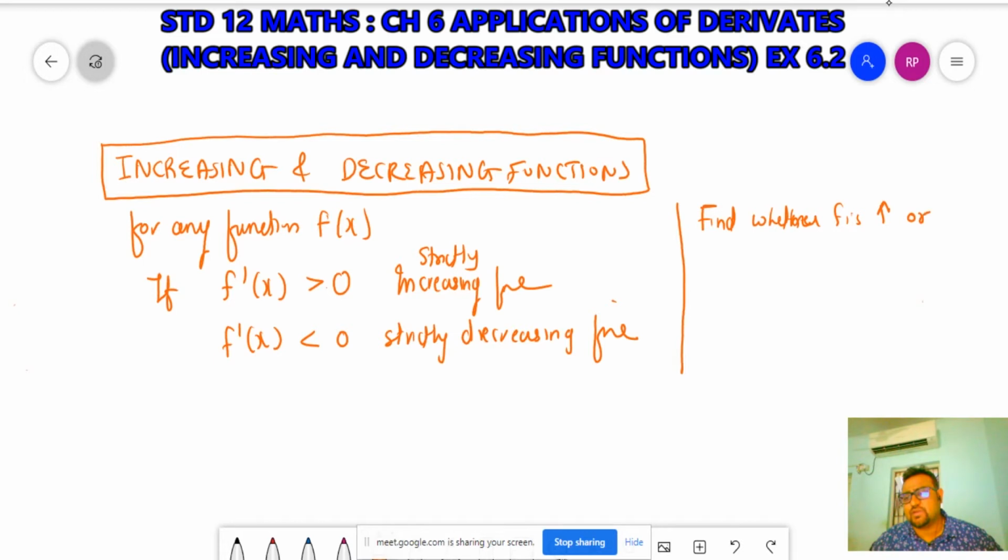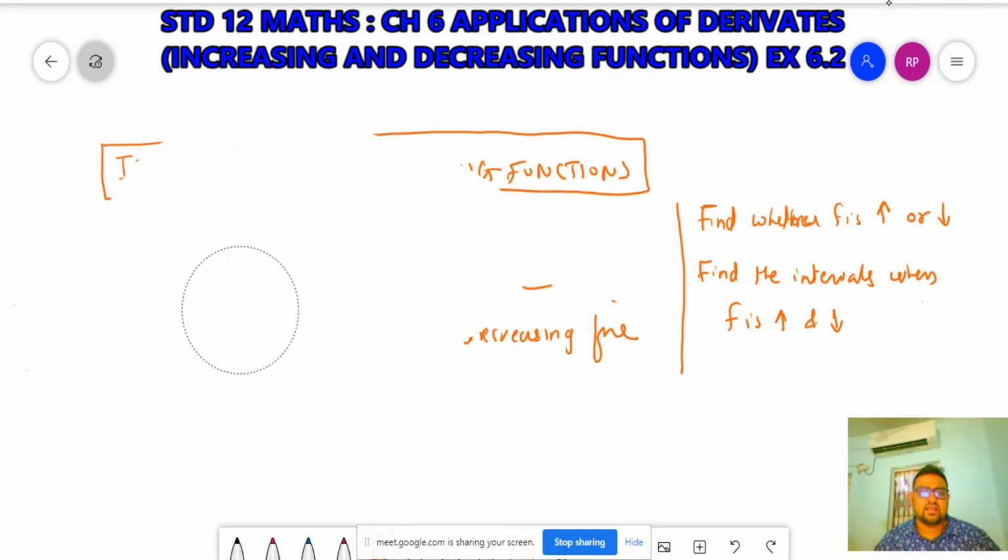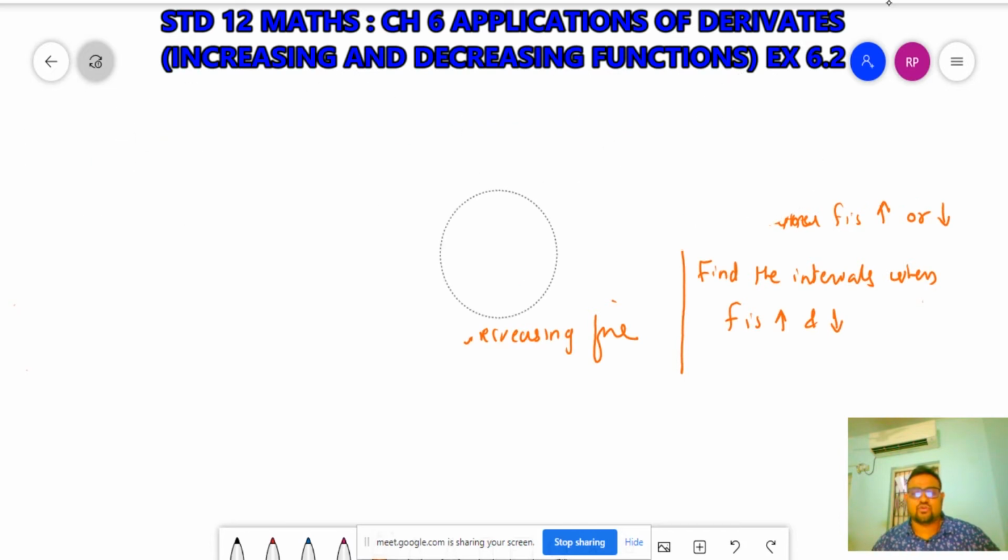One more type you will be asked: find the intervals when f is increasing and decreasing. Means you have to find in which interval f is increasing and in which interval f is decreasing. Okay, so let's take one example and then we will start exercise 6.2.